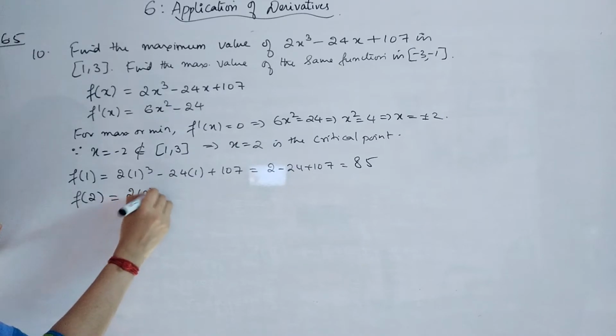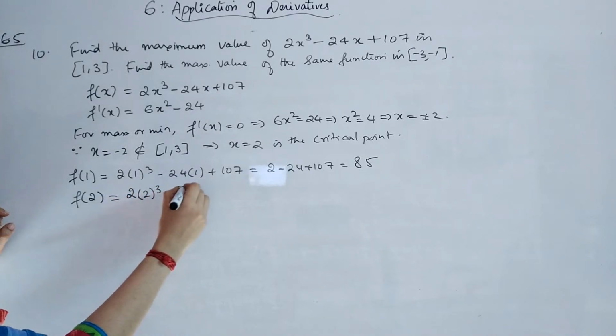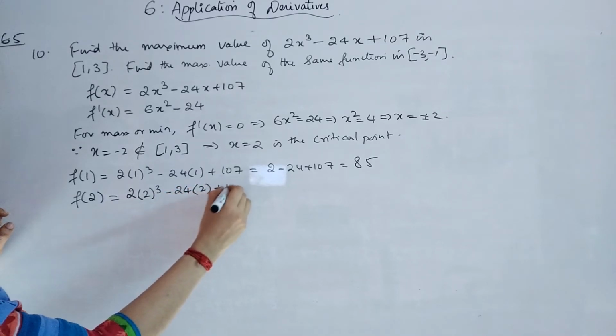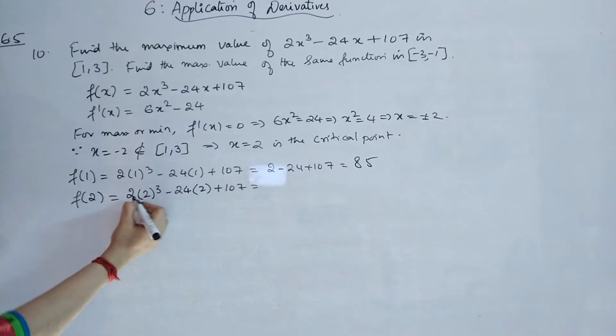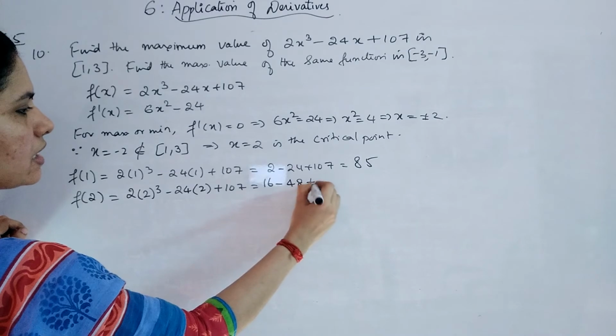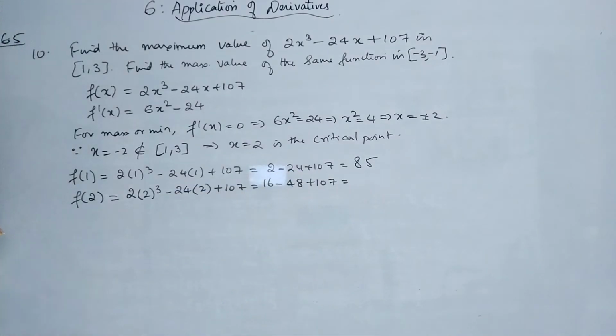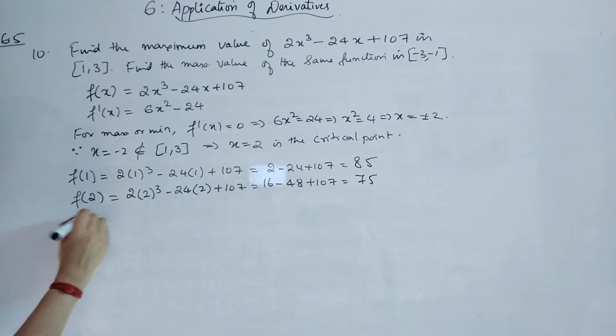Here f of 2: again 2 into 2 cube minus 24 into 2 plus 107. So it is 2 into 2 cube is 8, 8 into 2 is 16, minus 24 into 2 is 48, plus 107. So f of 2 you will get to be 75. Now f of 3.